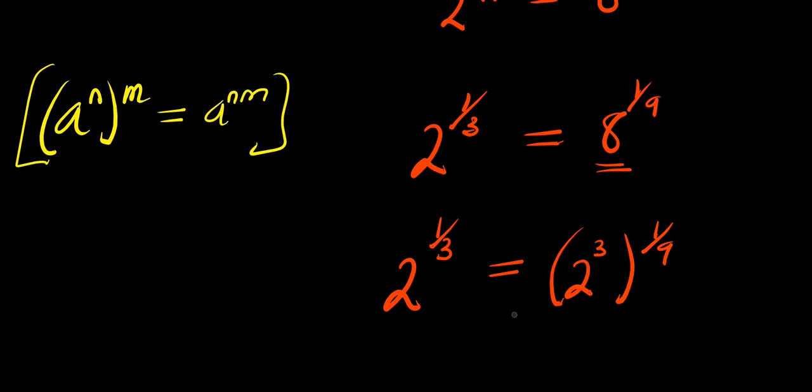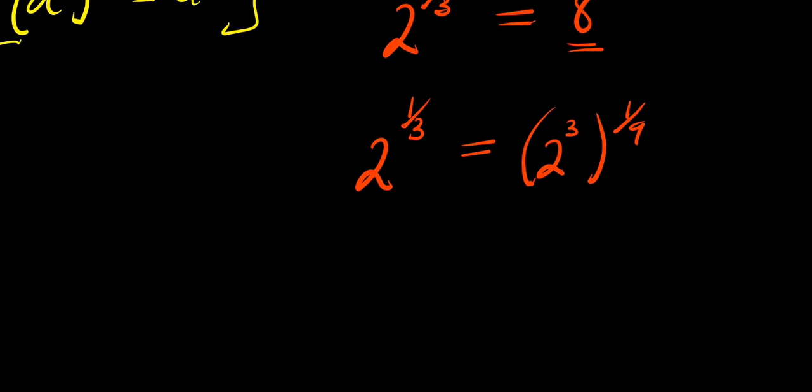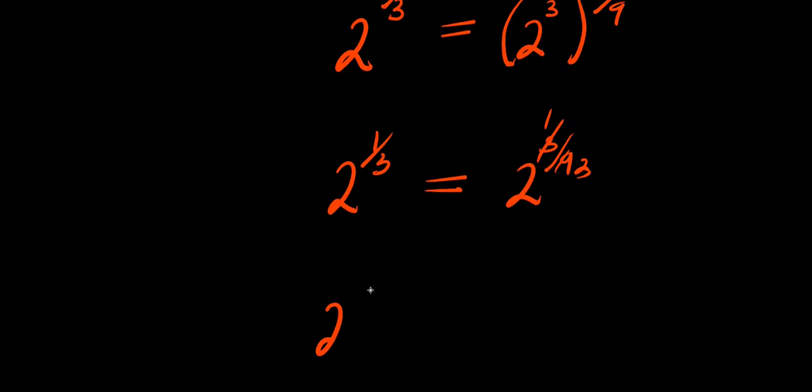So by considering this identity, we would simply have 2 power 1 over 3 equals 2 power 3 times 1 over 9, that's 3 over 9. 3 divides itself once, and divides 9 three times. So this simply means we are going to have 2 power 1 over 3 equals 2 power 1 over 3.